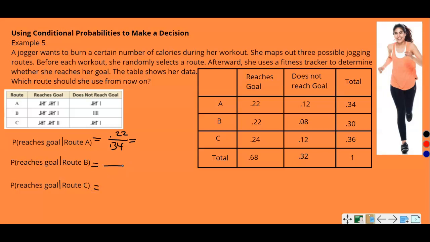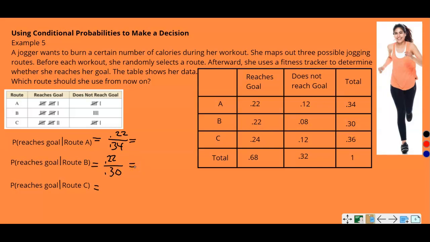All right, so the next one is reaches the goal given route B. So she reaches the goal and she's using route B. If you come back to the table, she reaches her goal and is on route B 0.22 times. And then how often does she use route B? 30% of the time, so 0.30.